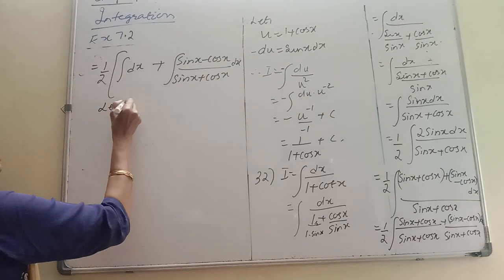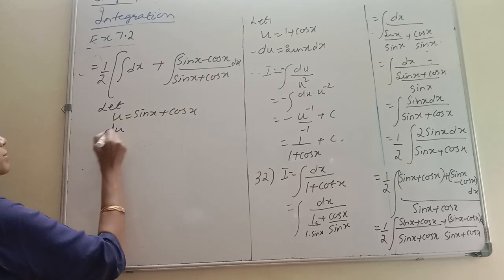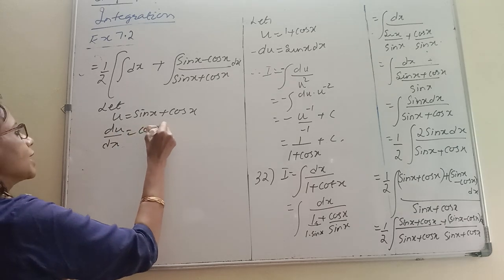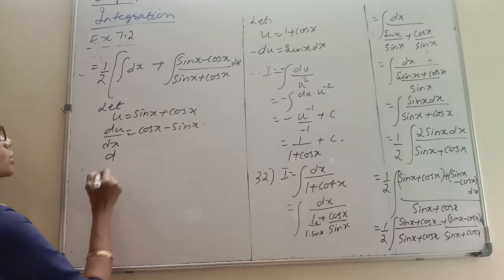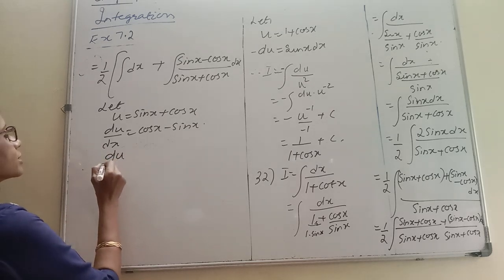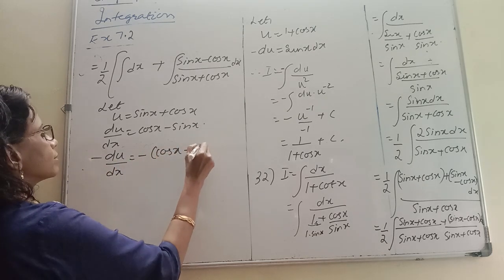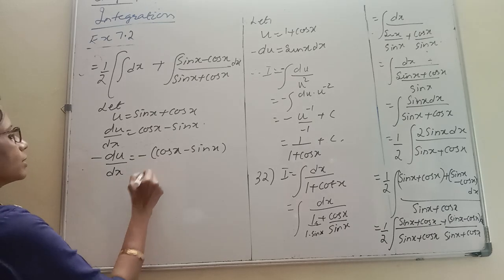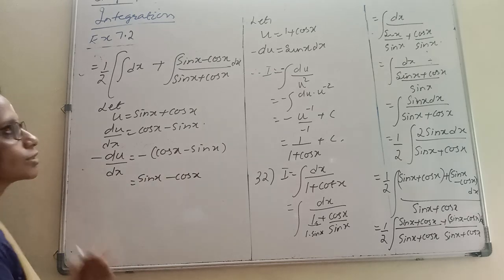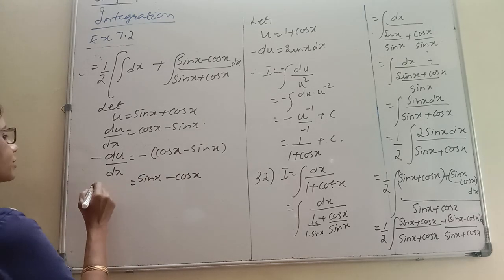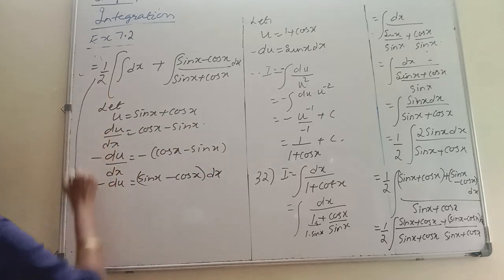Let us try substituting u as sin x plus cos x. What will happen? Derivative will be, for sin x it's cos x, and for cos x it's minus sin x. So it is as good as saying, suppose if we multiply a minus sign on both sides, you are going to get minus cos x, and this is sin x. So that's exactly our numerator. So minus du is going to be your numerator now. So let's revert back.